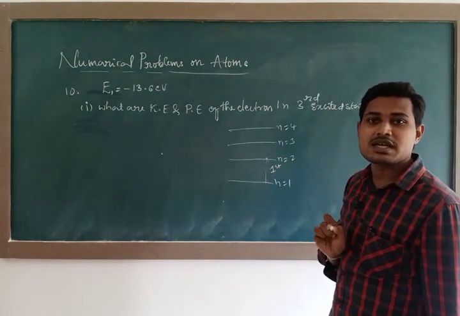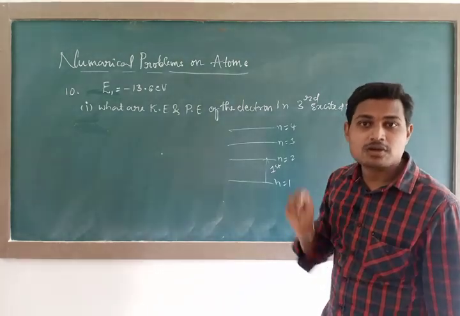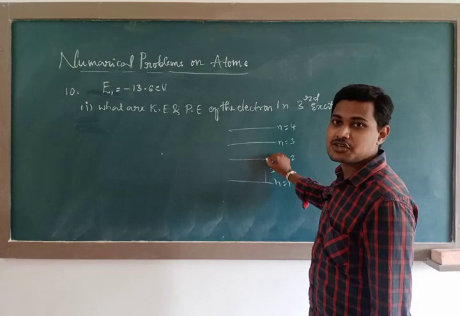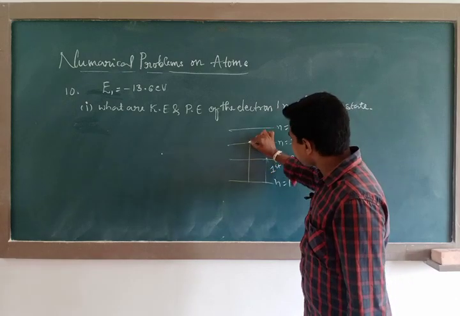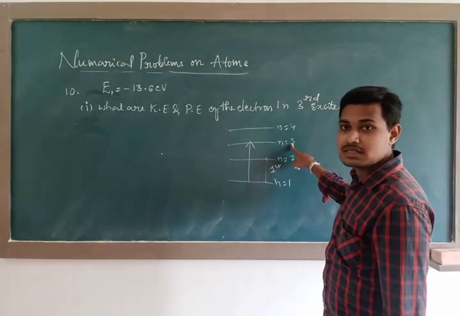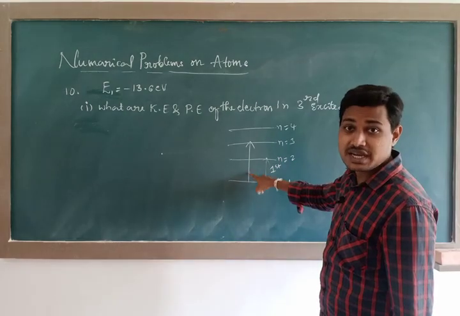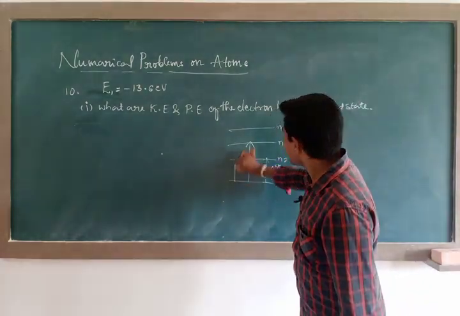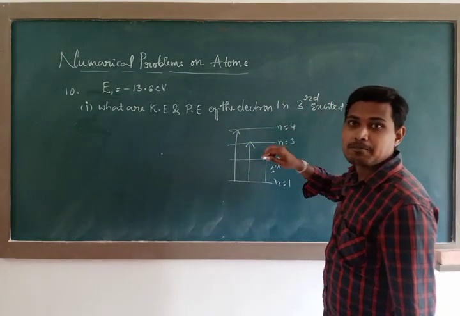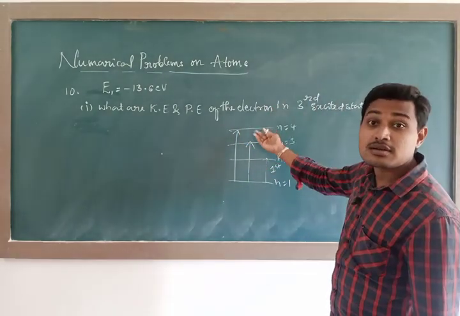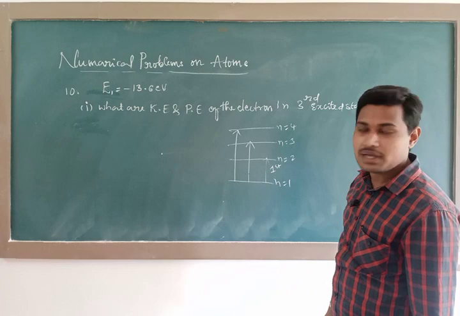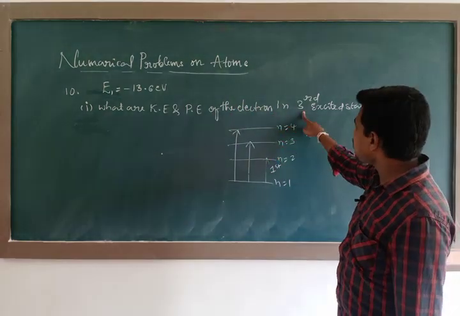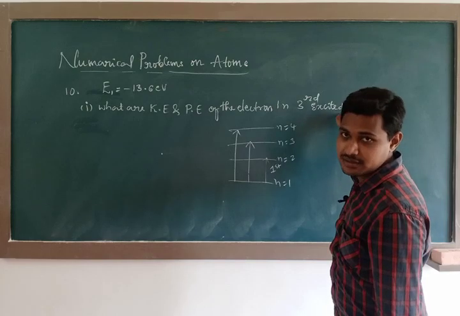When the electron jumps from first to 3, it is second excitation, second excited state. If it jumps from first to 4, then it is called third excitation. So now tell me, what are the kinetic and potential energy of the electron in the third excited state?